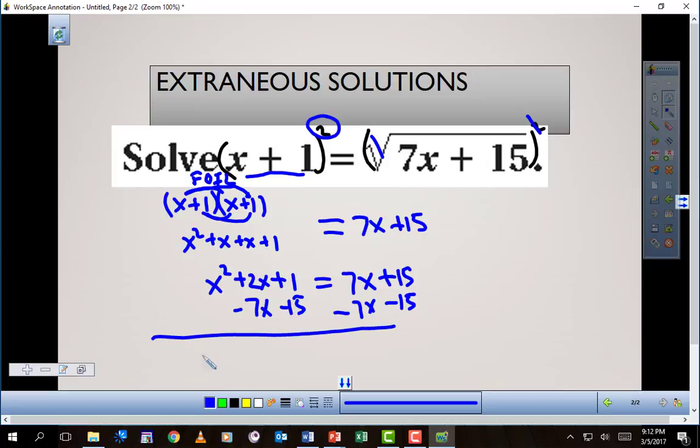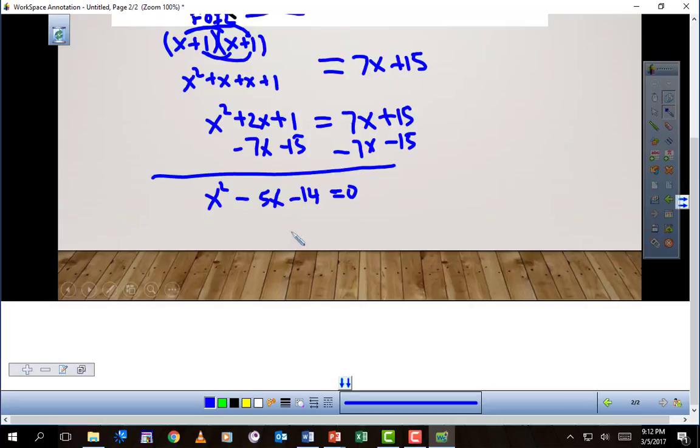And this gives me x squared plus what? Whoops, that's a minus, isn't it? Minus 5x, and then minus 14. So this is equal to 0. So now if I can factor this, I will. But if I can't factor it, I'll use the quadratic equation or complete the square or something like that.